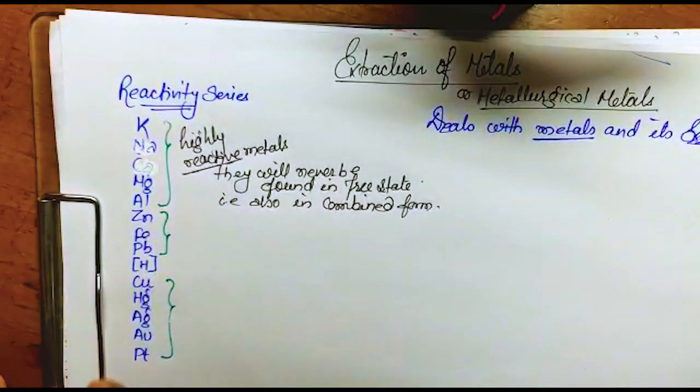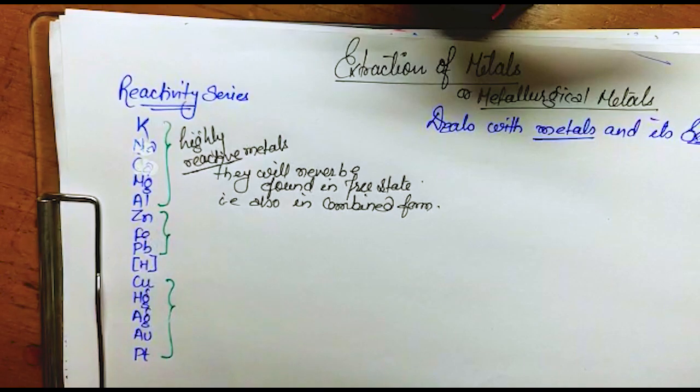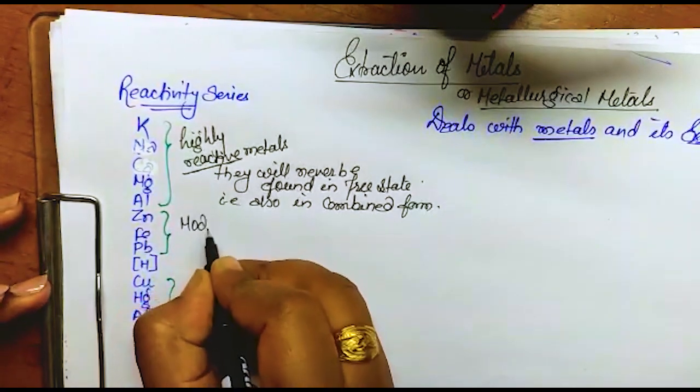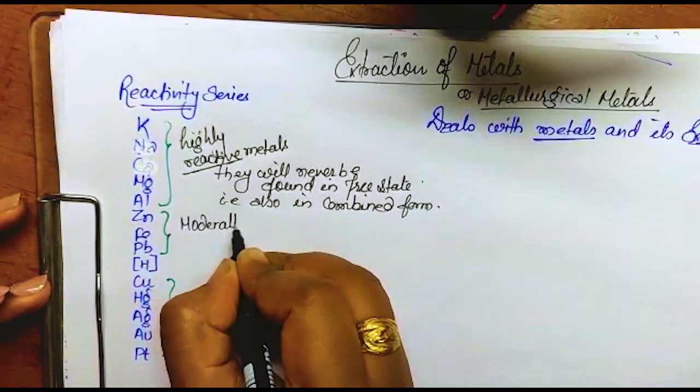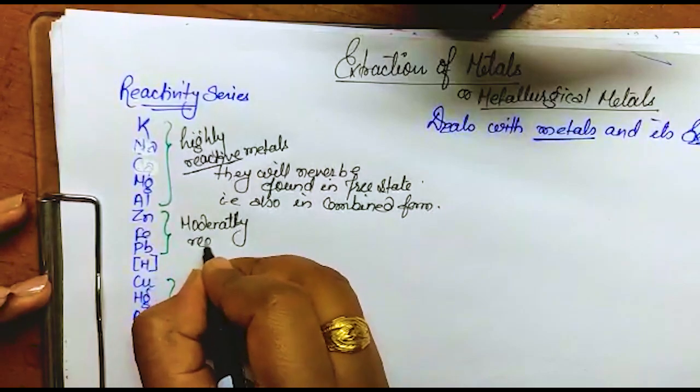Okay, done. This second group, if we come to the middle of the series, is called the moderately reactive group.